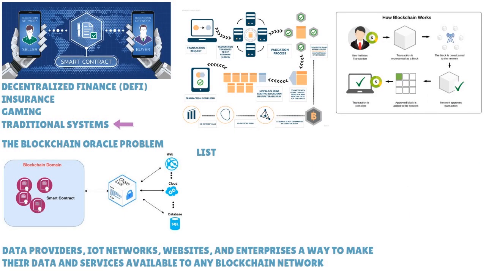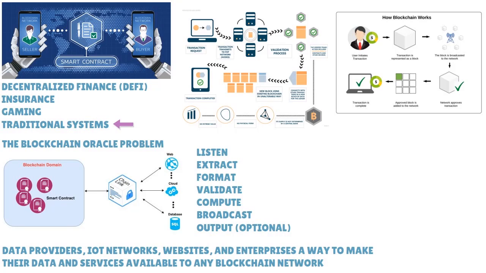Now, a blockchain oracle does a lot of things. It helps with listening, extracting, formatting, validating, computing, broadcasting, and also outputting. Not only in a centralized manner, but also in a decentralized manner. That's important to mention here.